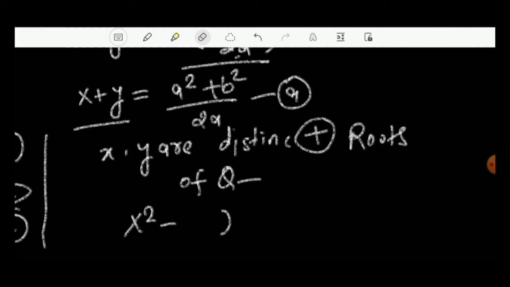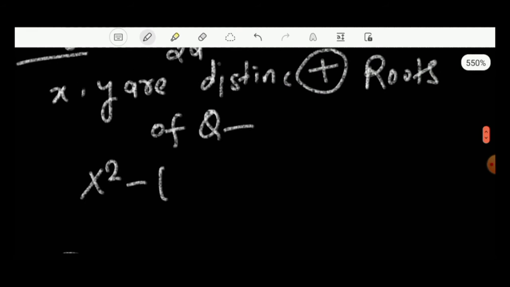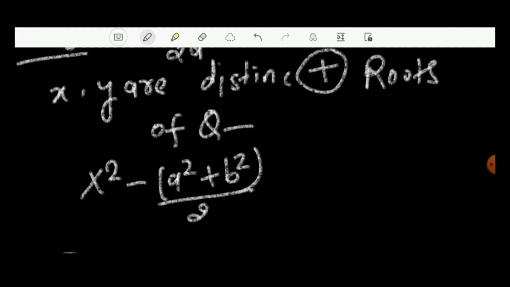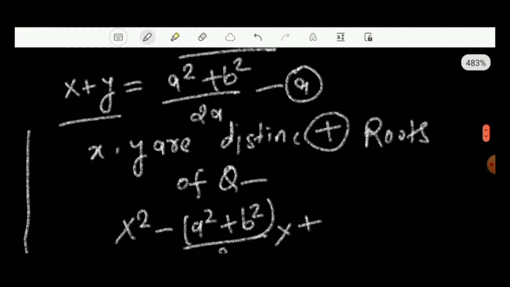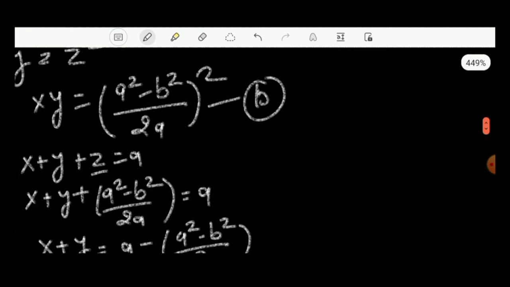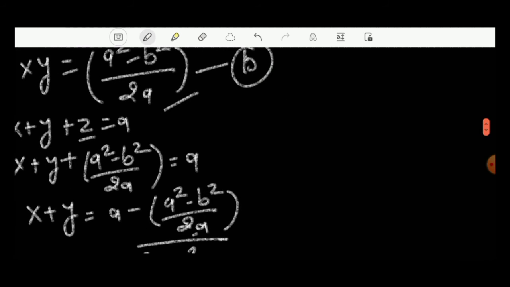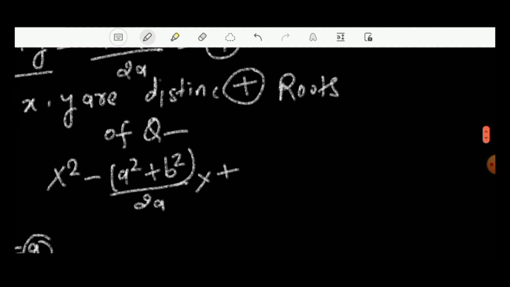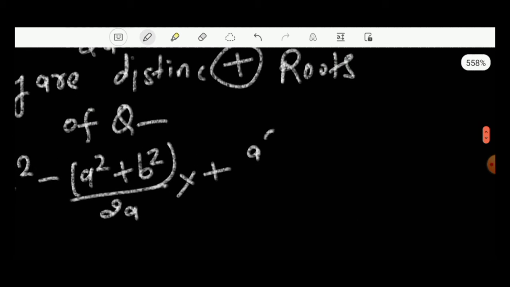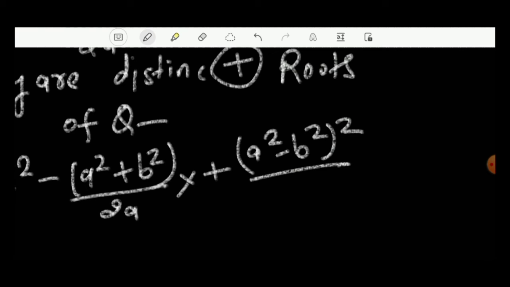So we can say minus of a square plus b square divided by 2a x plus, here comes the product of roots, which is x multiplied by y, and we can say a square minus b square whole square divided by 2a whole square.